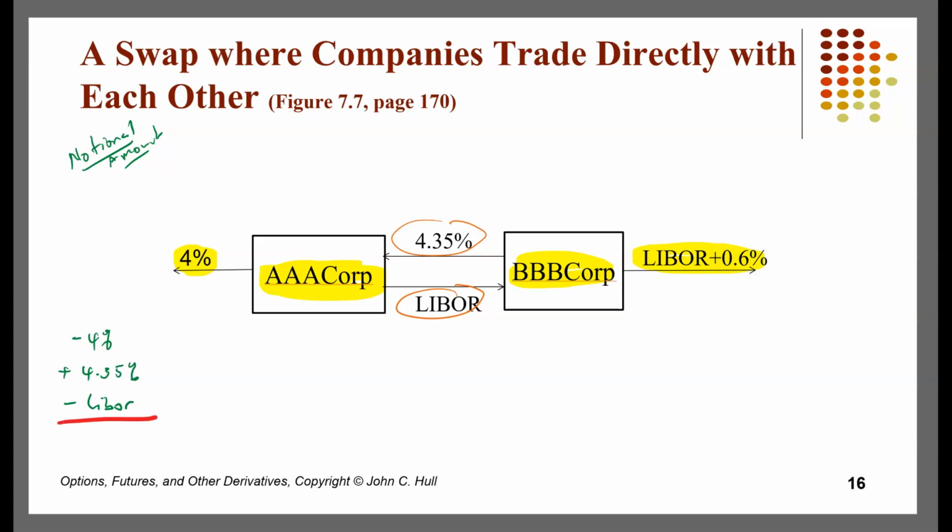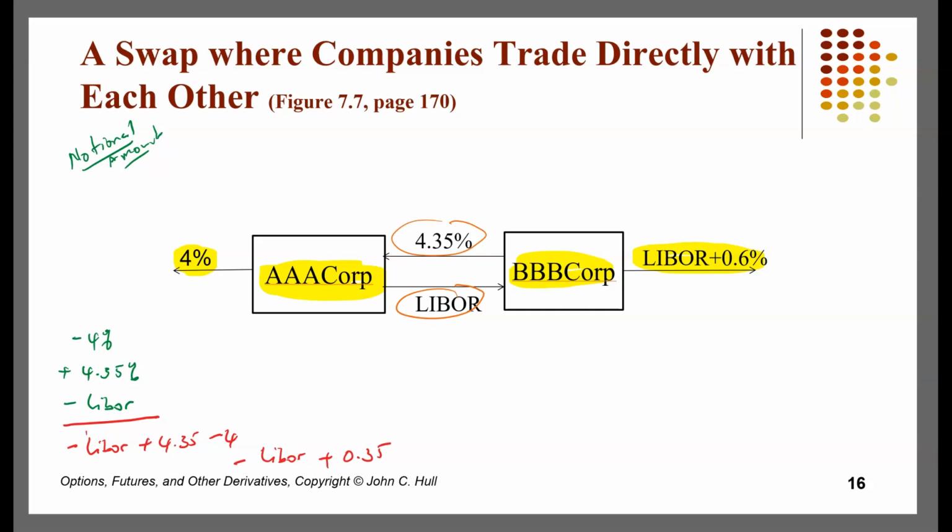So overall, where are we? Overall, what we have is LIBOR that's going to have to be paid, minus 0.35%. I'm going to clear this up. So I'm going to have minus LIBOR plus 4.35 minus 4%, and so that's going to be minus LIBOR plus 0.35.